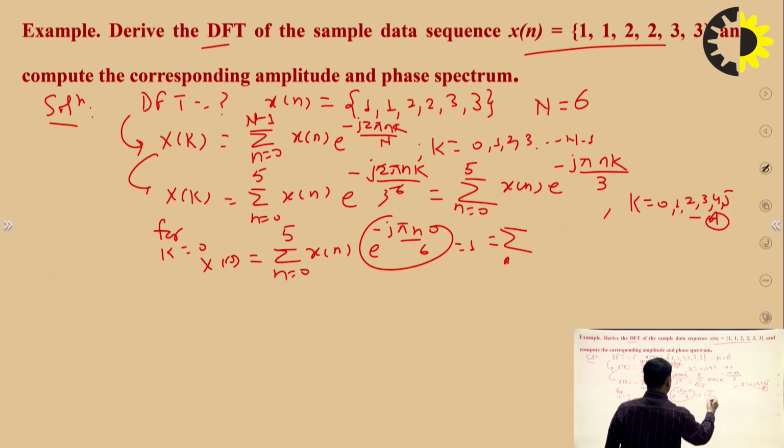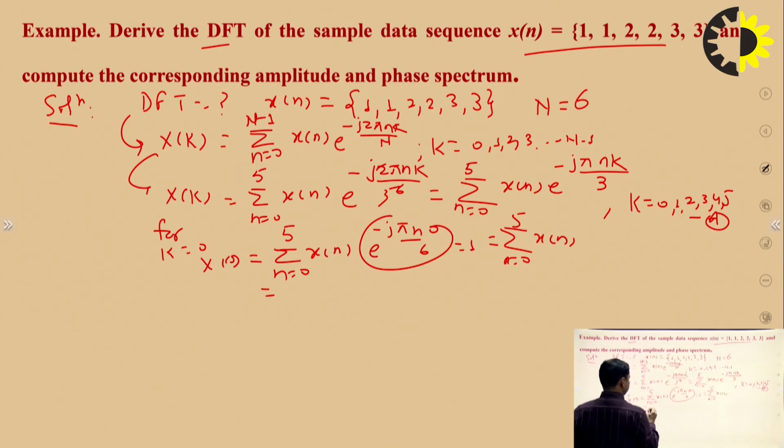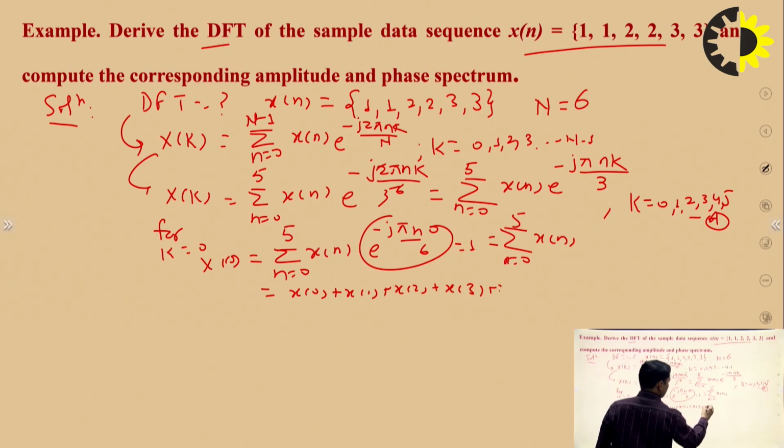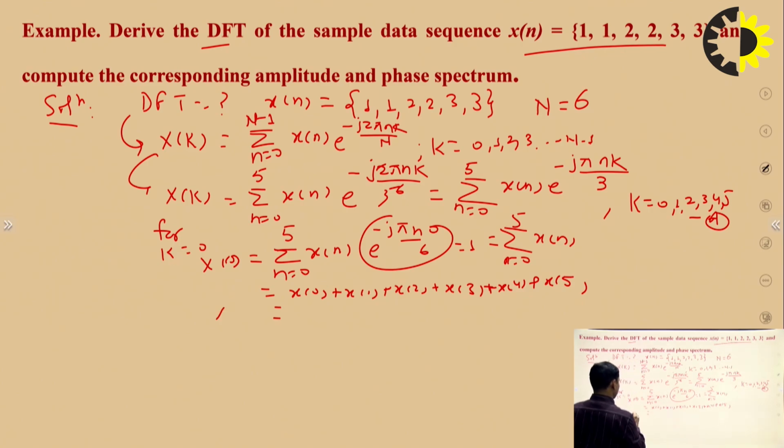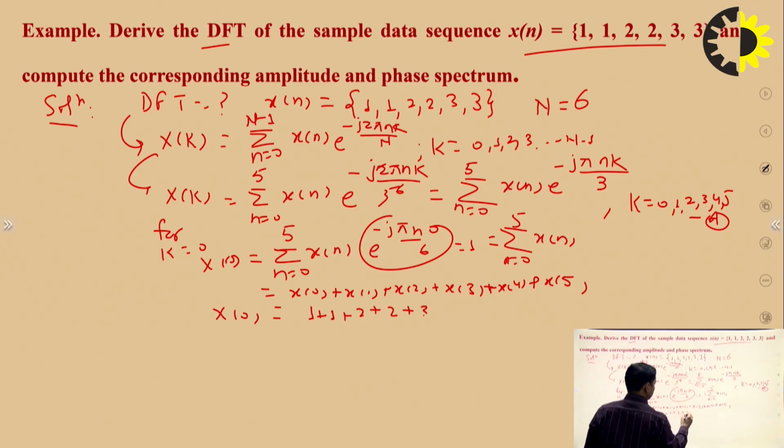So, the sum from n equals 0 to 5 of x of n. Now we can expand it. After the expansion, we get x0 plus x1 plus x2 plus x3 plus x4 plus x5. So, the final value for X of 0 will become 1 plus 1 plus 2 plus 2 plus 3 plus 3.